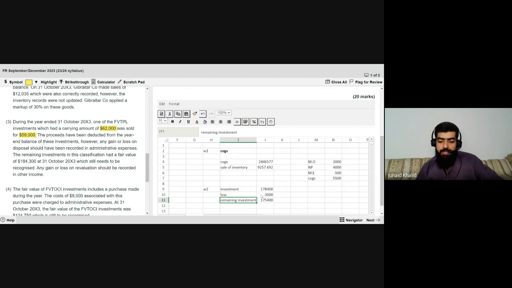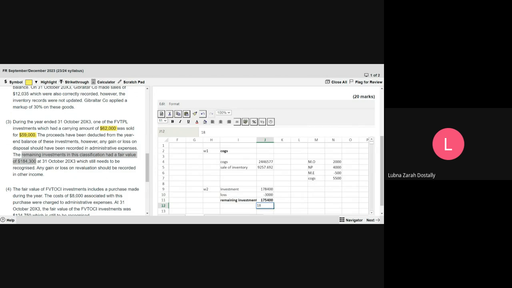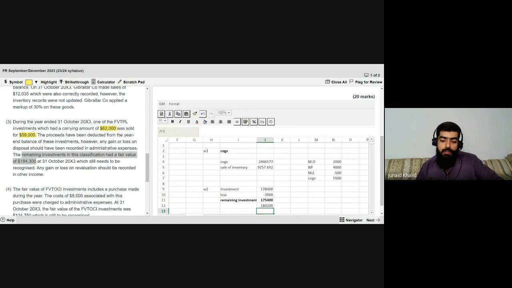Now it says that the remaining investment is classified at fair value of 184,300. It means that investment has been revalued at 184,300. That is the fair value of that investment.